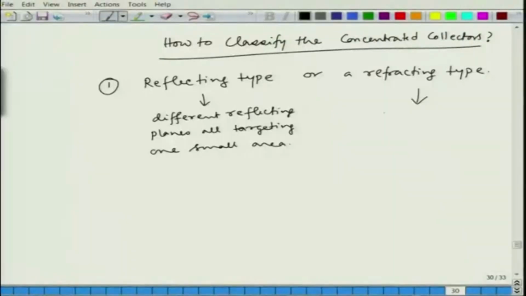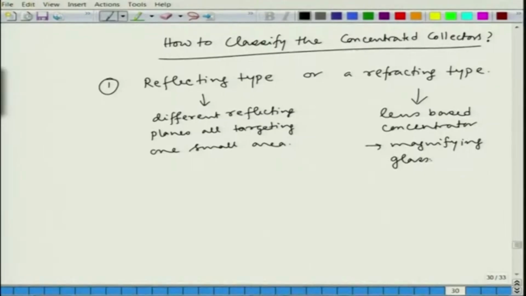So, this is the lens based concentrator. A basic version you can see in case of a magnifying glass. Okay. If you have not done that experiment in your childhood, please go back and collect a magnifying glass and do that. It is really fun.